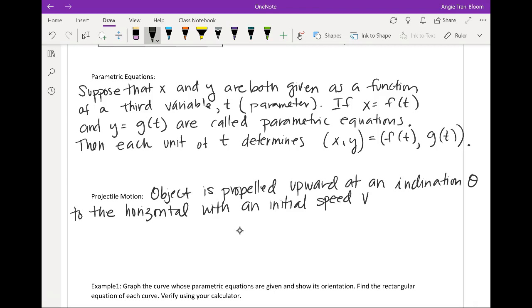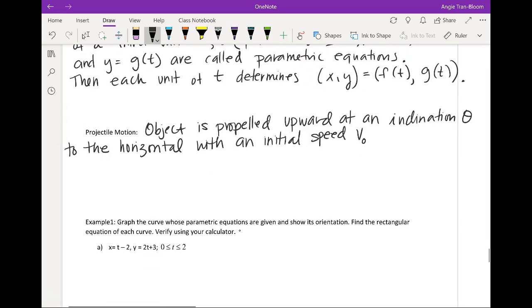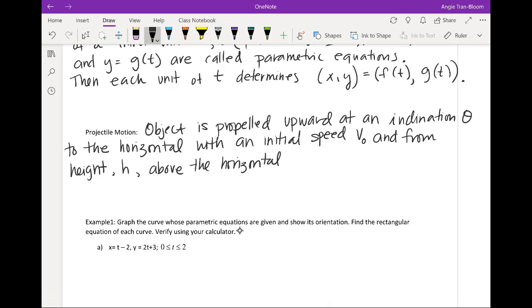We're going to use v subscript 0. V is really standing for velocity, and then subscript 0 is always representing the initial, the first one, okay? And a height h above the horizontal. It's given.